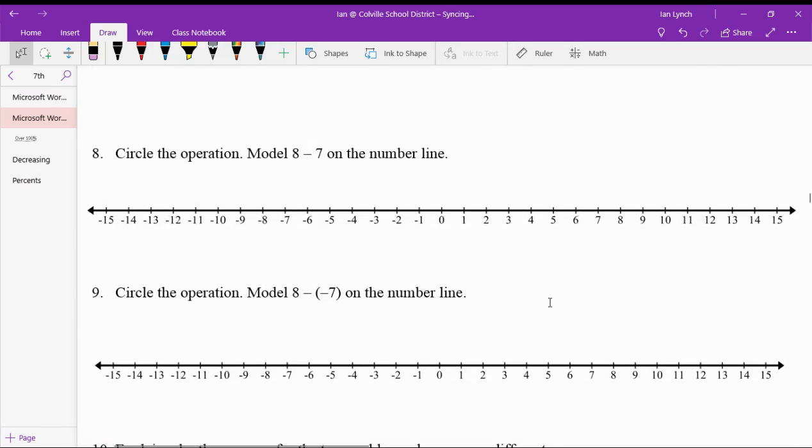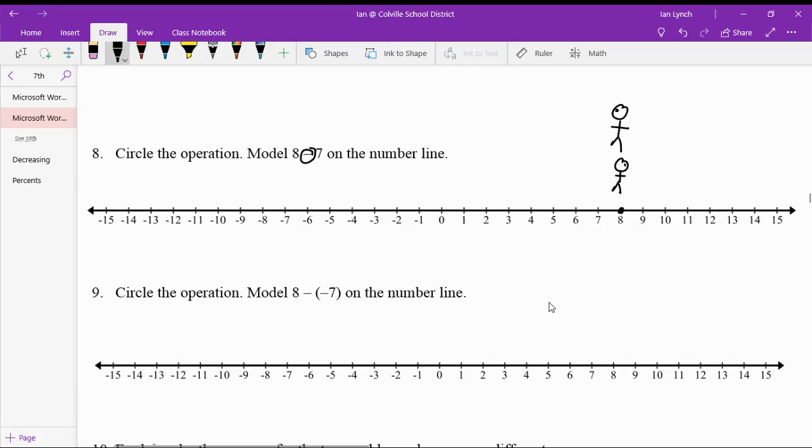So again, we're going to follow the method that I just showed you guys for modeling this. We're going to circle the operation, which is subtract. We're going to model 8 minus 7. So we start at 8. And remember, we're facing in the positive direction. It subtracts, so we're going to turn around.